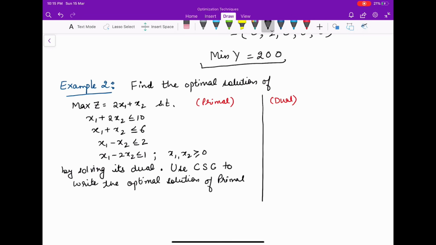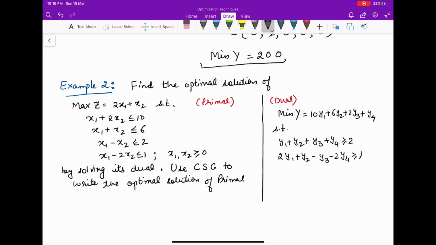The dual is minimization of Y, which is 10y1 plus 6y2 plus 2y3 plus y4, subject to y1 plus y2 plus y3 plus y4 greater than or equal to 2, 2y1 plus y2 minus y3 minus 2y4 greater than or equal to 1, and all the yi's are again non-negative.